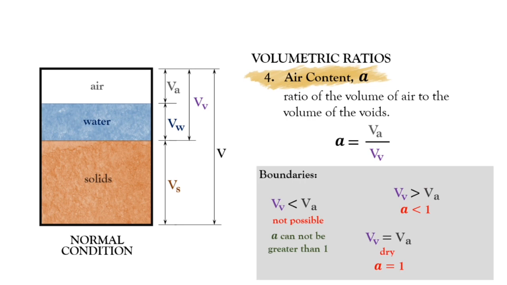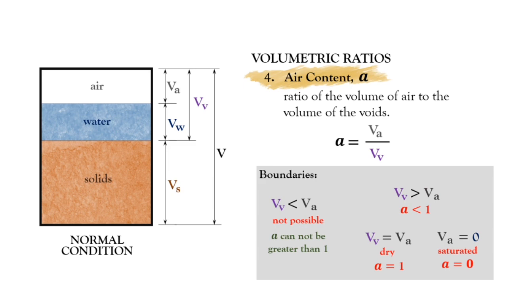Tama ba? So if VA is equals to 0 naman, so ibig sabihin walang hangin doon sa voids, that means yung voids natin ay puno lang ng tubig, ang tawag natin sa condition na yun ay saturated, therefore A is equals to 0. Kasi sa equation, yung numerator natin ay 0, kaya ang A natin na value ay 0.